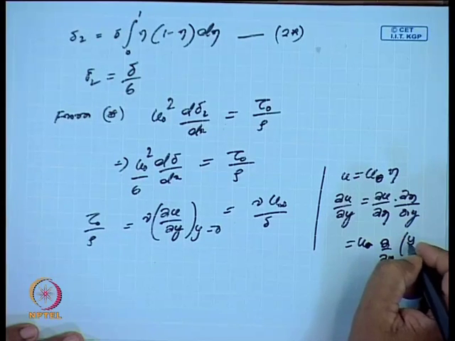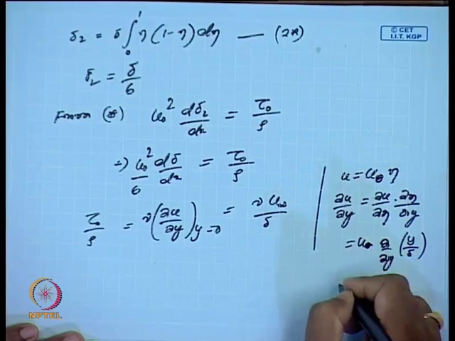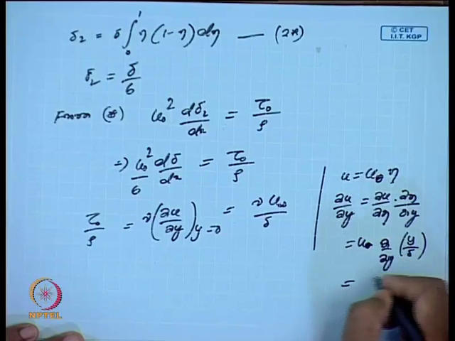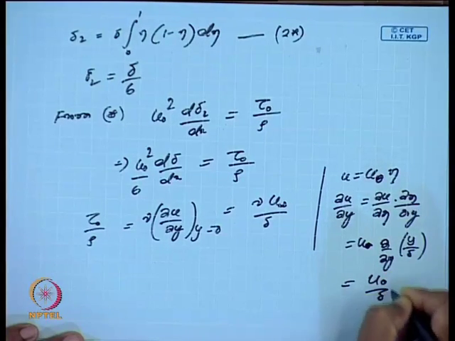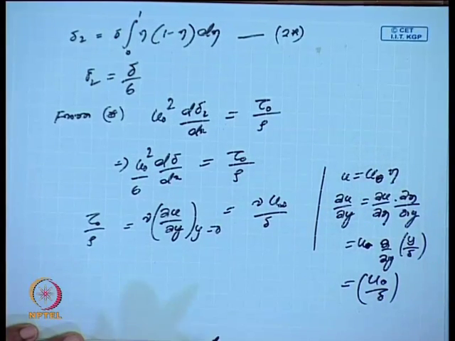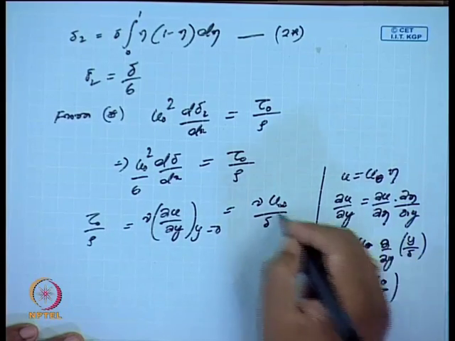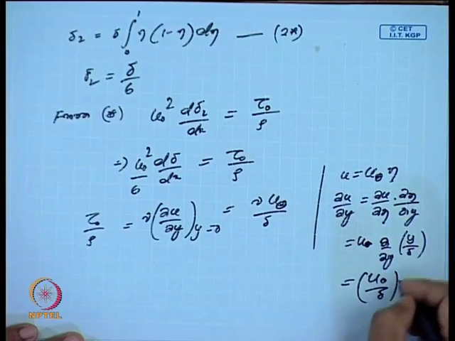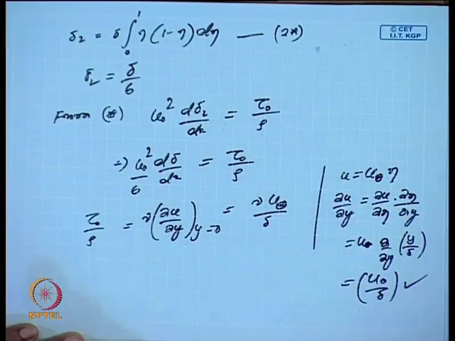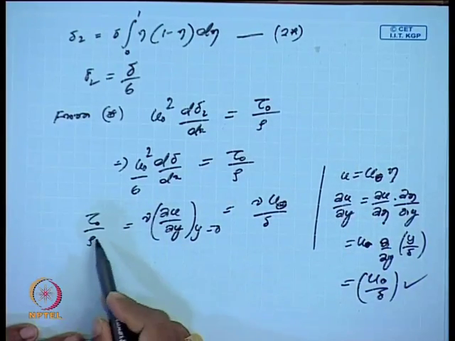That gives me u naught by delta. So tau naught by rho is nu into u naught by delta.